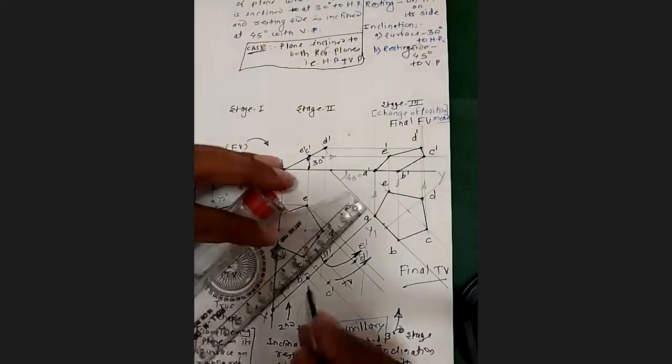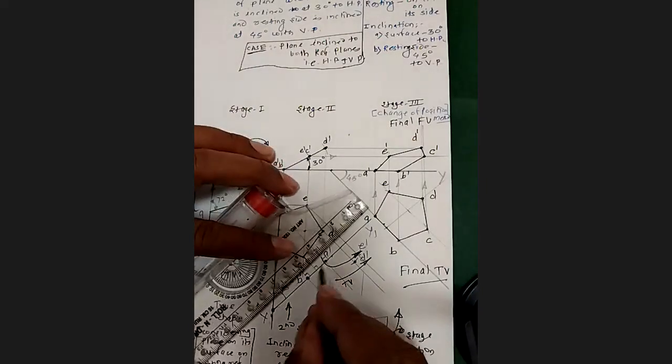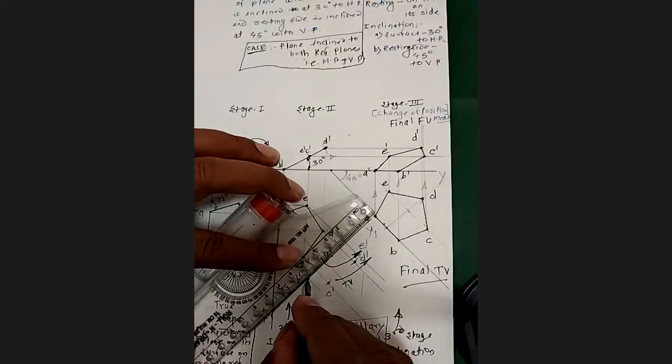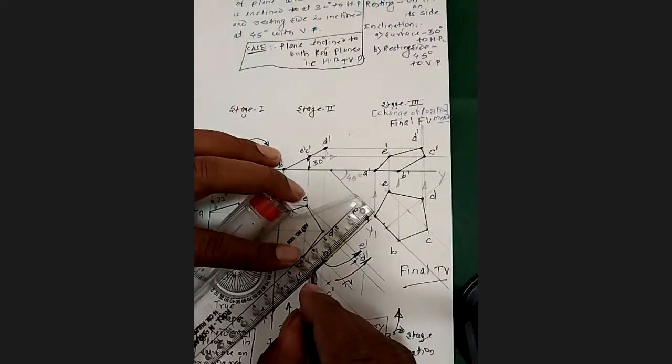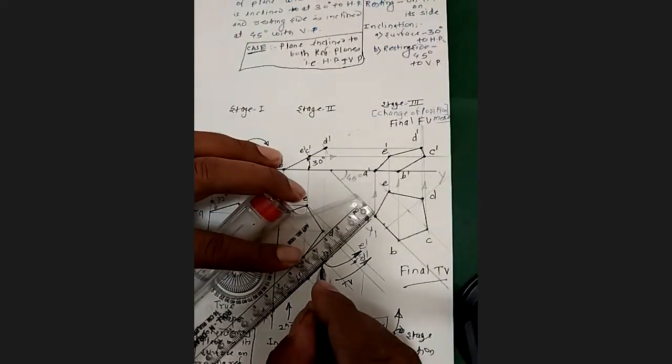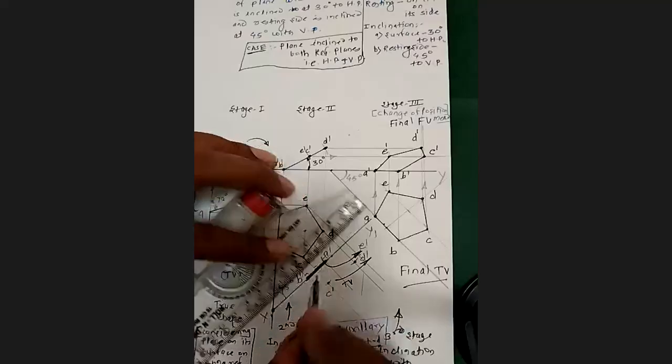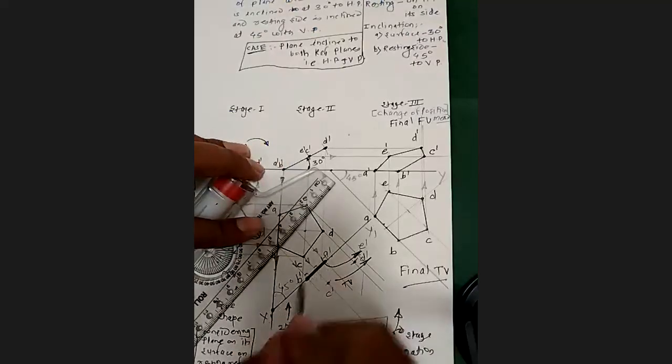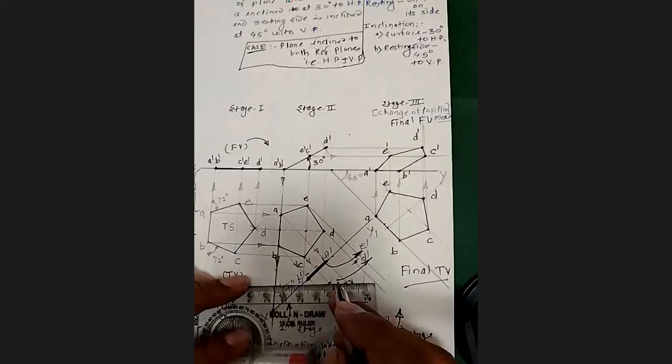Then you can join these points in a sequence: A dash, B dash. I will make it a bit dark so that you will notice it properly. So this is A dash, B dash, then B dash to C dash.